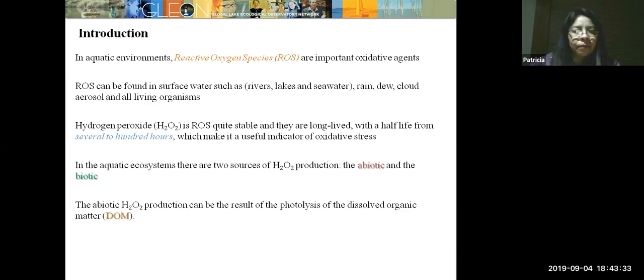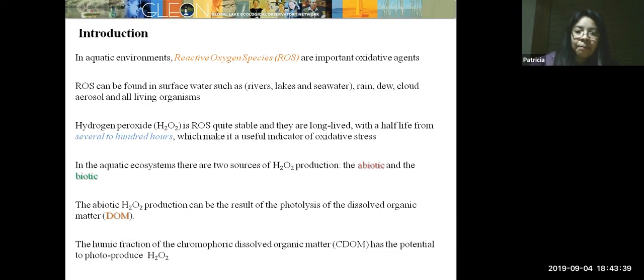The abiotic hydrogen peroxide production can be the result of the photolysis, the breakdown, of the dissolved organic matter, DOM. The humic fraction of the chromophoric dissolved organic matter, the colored dissolved organic matter, also has the potential to produce hydrogen peroxide, and it is the one that also prevents the penetration of light.